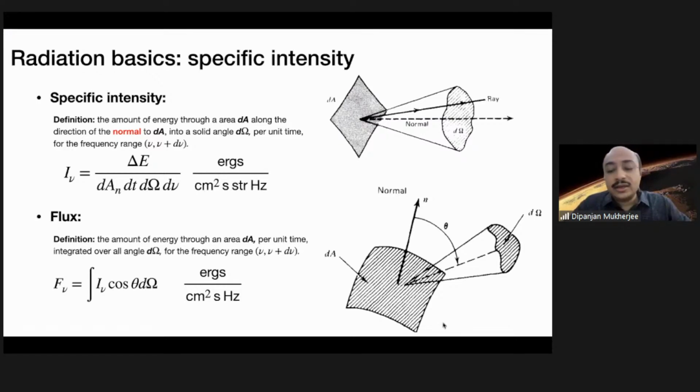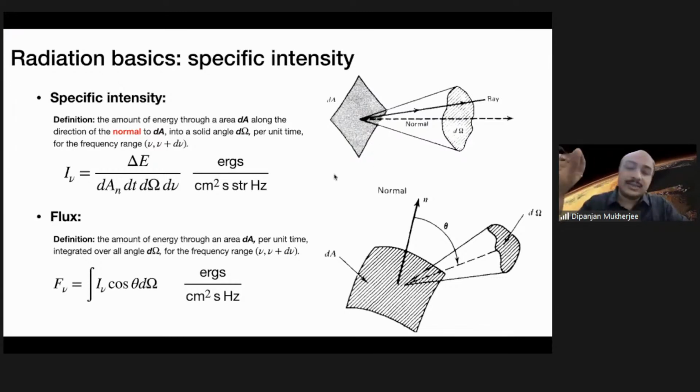Okay. Next, what is the flux? So flux is the amount of energy going through an area dA per unit time, integrated over all the solid angles. So you have an area dA, but remember, for intensity, what we had assumed was the area has to be normal. So even if the area is at a slight angle, what we should consider is the normal component of that area towards that particular solid angle.